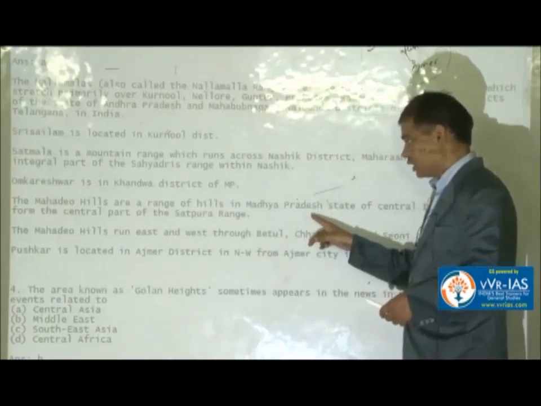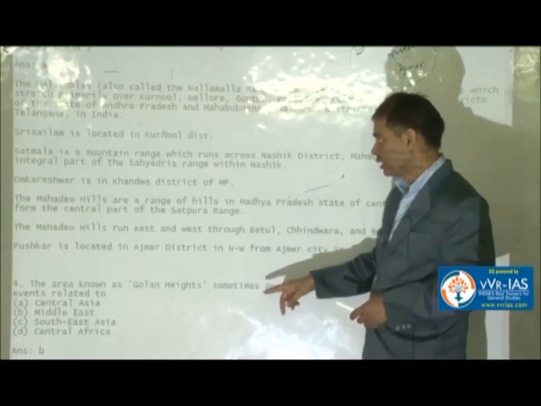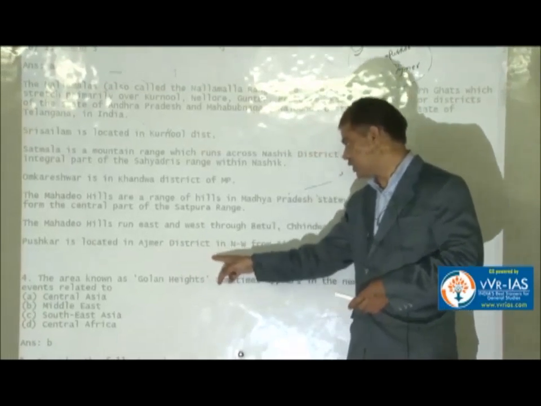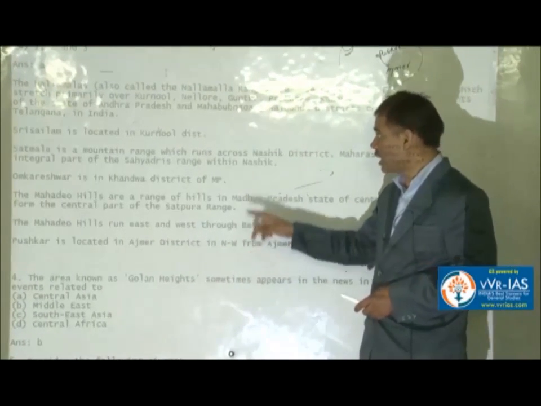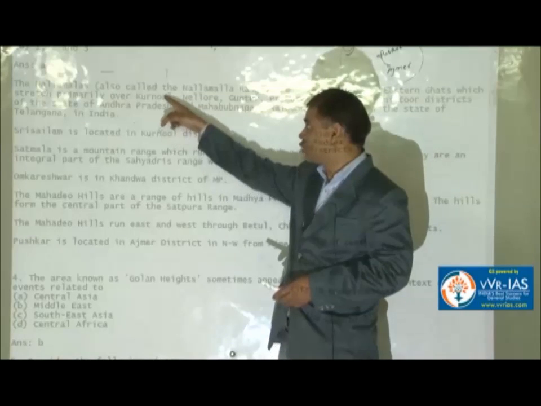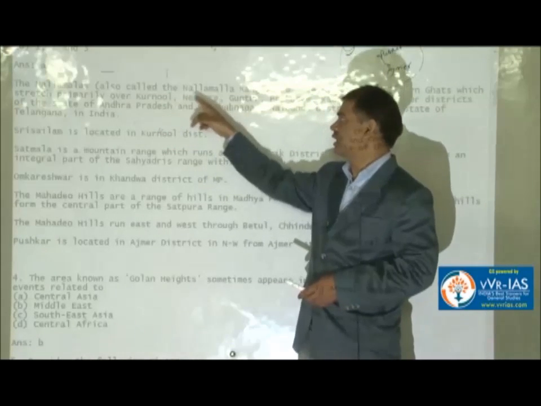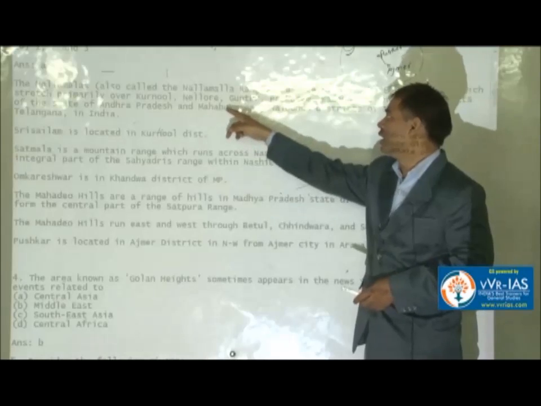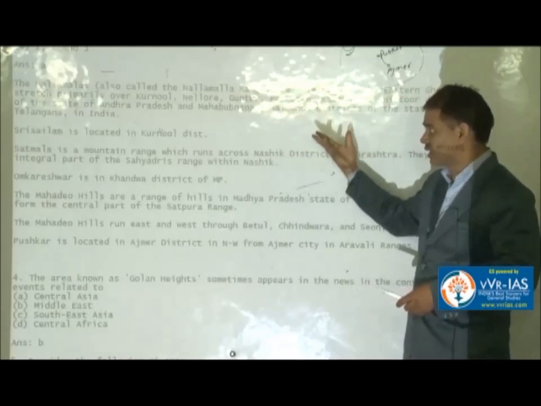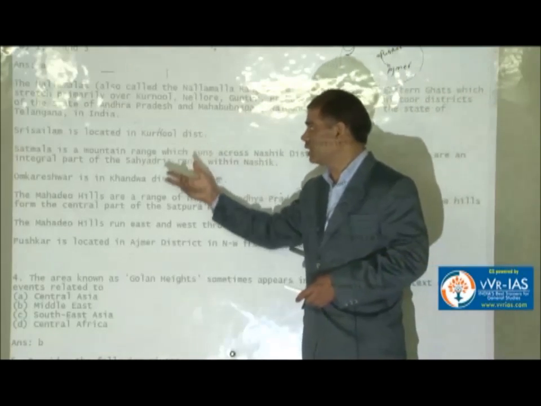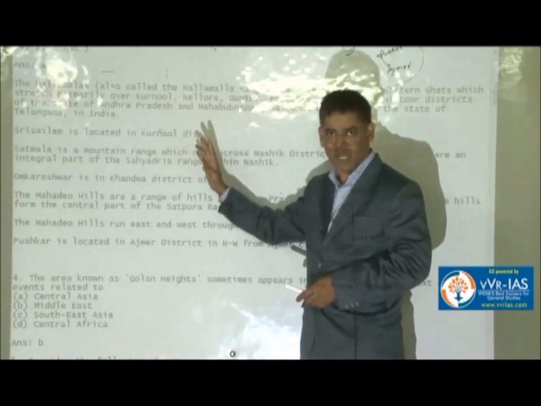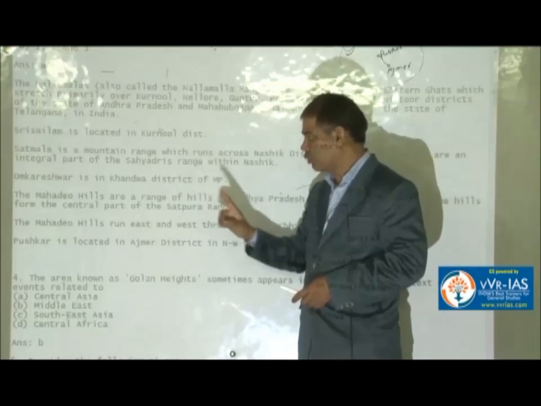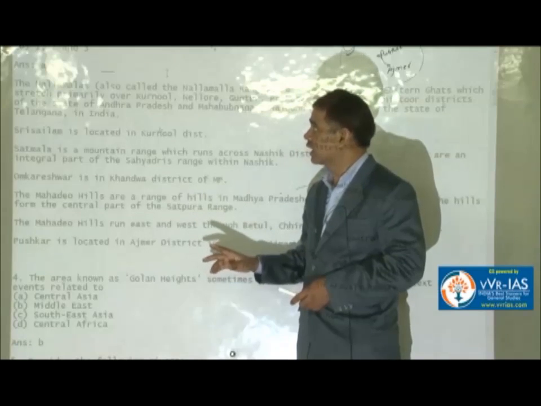Mahadev Hill is located in Madhya Pradesh, but Pushkar is located in Ajmer district, hence there is a mismatch. But Nallamala is located in Kurnool of Andhra Pradesh. There are certain other districts also like Kurnool, Nellore, Guntur, Prakasam, etc. And Srisailam is located in Kurnool, so this is a correct match. Hence only 1 is correct, and that is the answer.